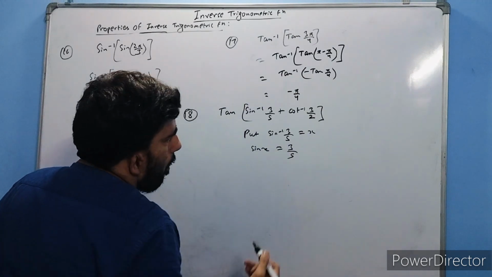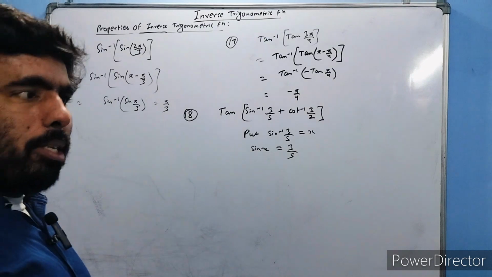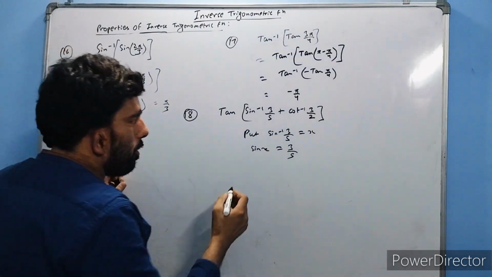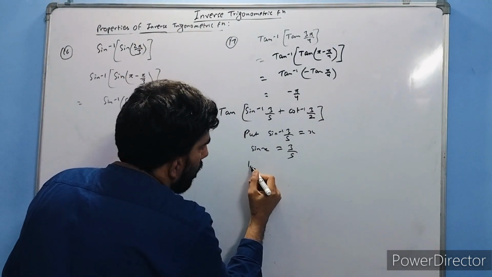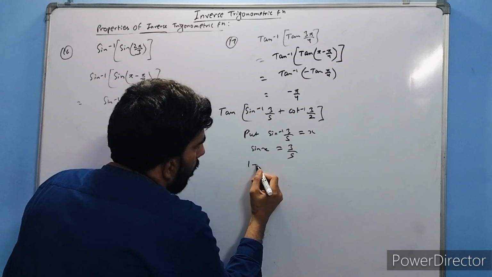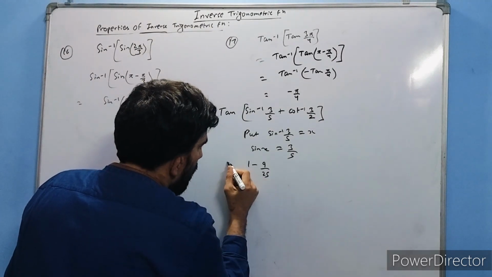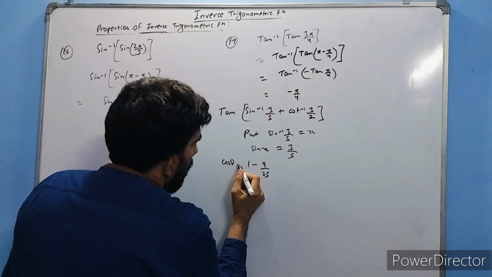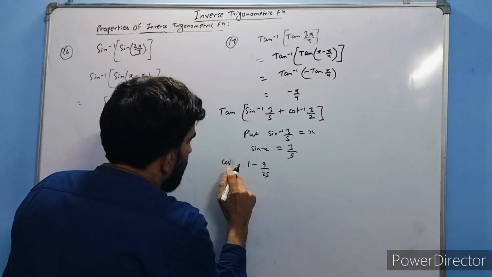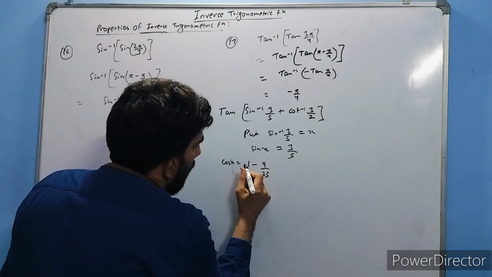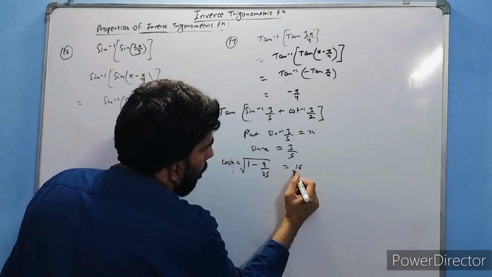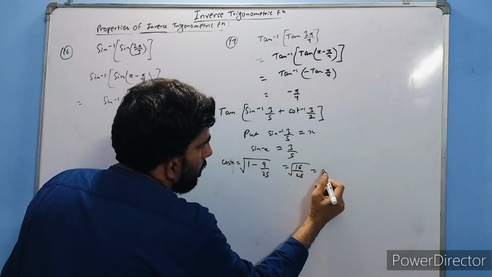Now I can use the identity sine square theta plus cos square theta is equal to 1. So cos square theta is equal to 1 minus sine square theta, and if I try to find cos x, I get 16 upon 25, that is 4 upon 5.